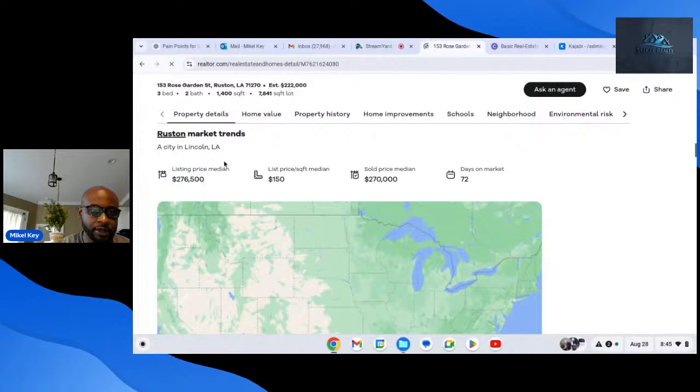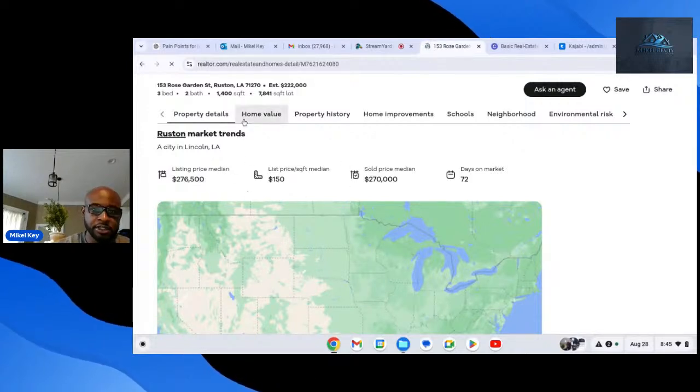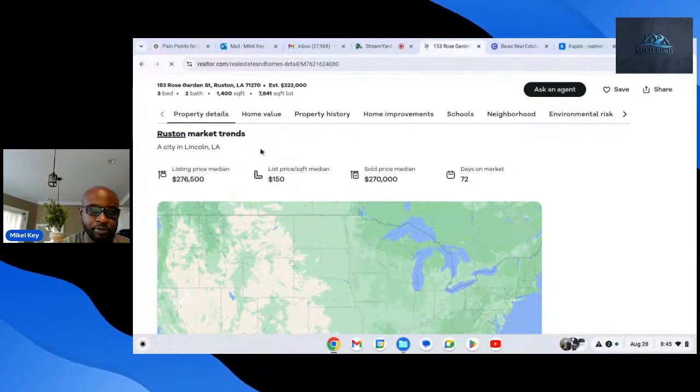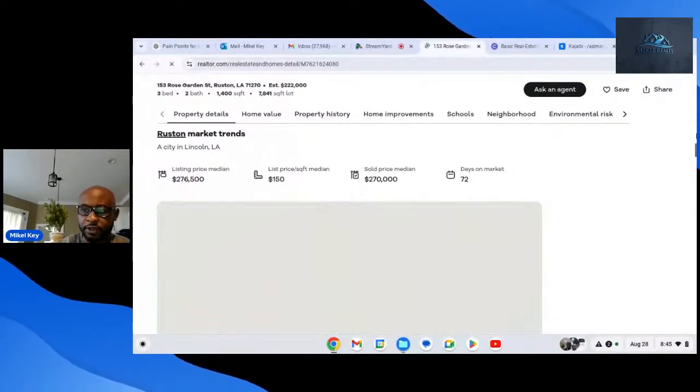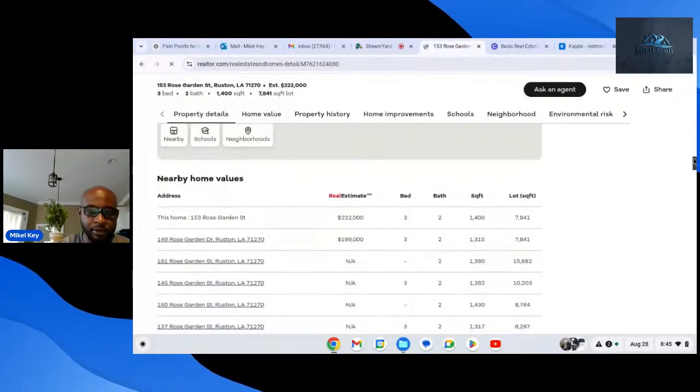If you go all the way down in Ruston, it gives you the median listing price, 276,000, and the median list price per square foot, which is the price per square foot I was talking about, $150 a foot. If you play around with the data, it gives you all kinds of data.